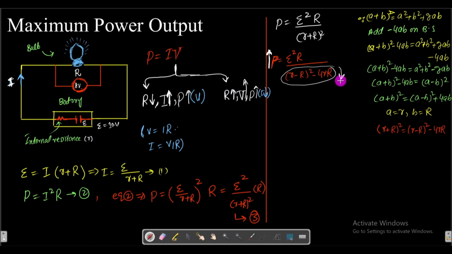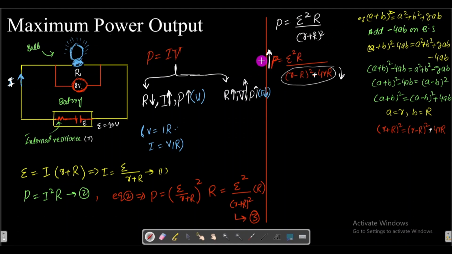If we reduce this denominator, the power will be increased. So how to reduce this denominator? Sorry, this is actually plus 4, and this will be plus 4. So please correct this, this is plus 4.